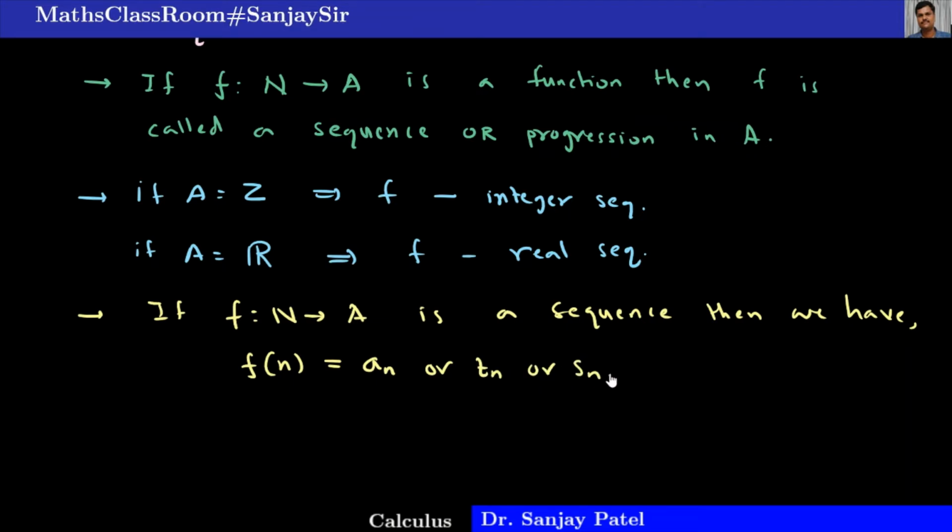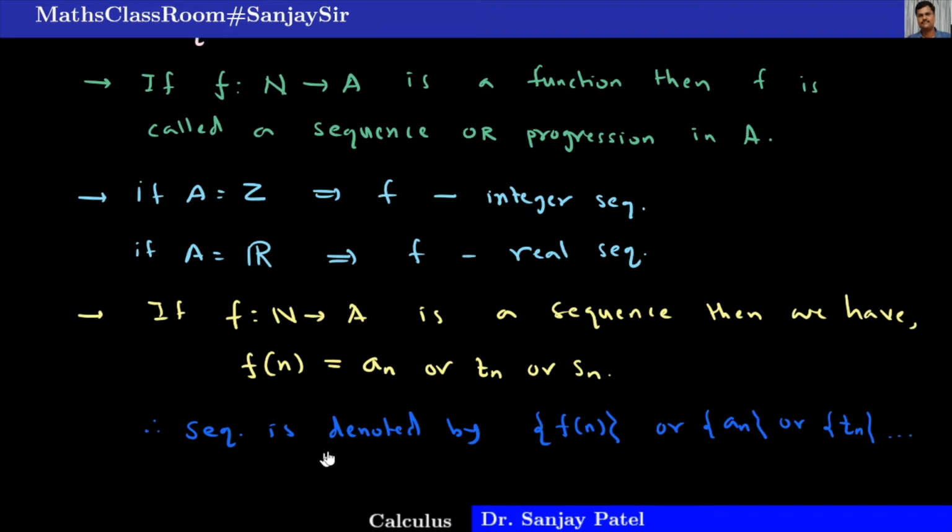So the sequence is denoted by the symbol curly bracket f of n, or we can write a_n, or t_n, and so on. There are different notations you can use.